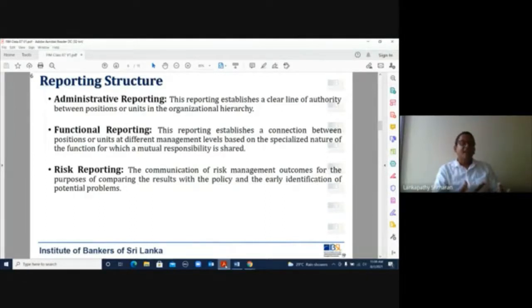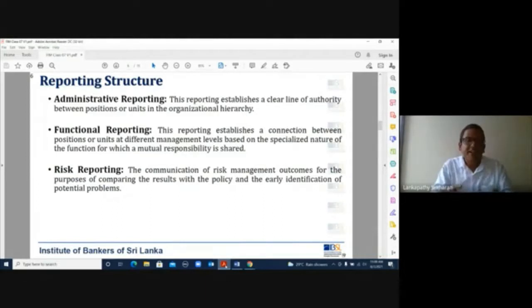And apart from the administrative reporting and functional reporting, there's a special reporting for risk reporting, which is communication of risk management outcome for the purpose of comparing the results with the policies and early identification of potential problems. So if there is anything related to risk, that will be a separate reporting, which is called risk reporting.